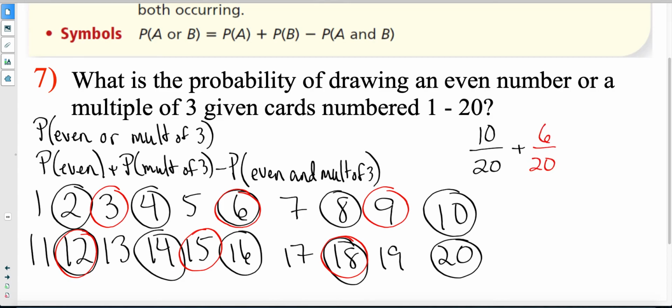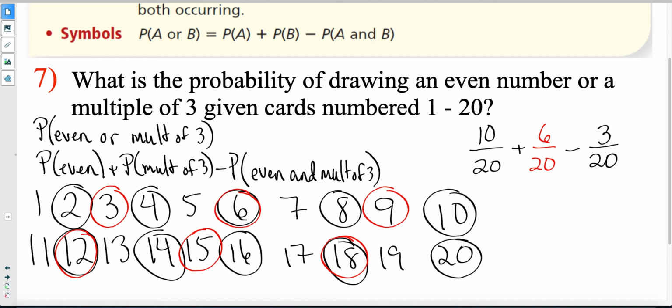Okay, and now you can see the ones that overlap. How many we have overlap that are even and multiples of 3. So the ones that I have a red and black circle around, they're 6, 12, and 18. So we have 3 of them out of 20 that are those overlapping ones. So you see why we have to take care of that, the overlapping events there, those inclusive events.